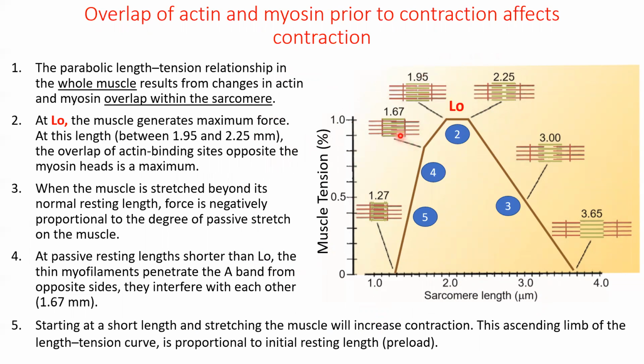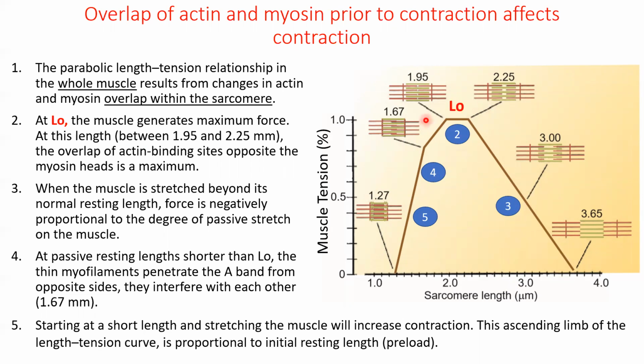The minute the overlap starts to become too much, you're bringing them too close, your tension will decrease. If you move them too far apart, the actin and the myosin cannot hold each other and pull in. Therefore, the tension becomes less.